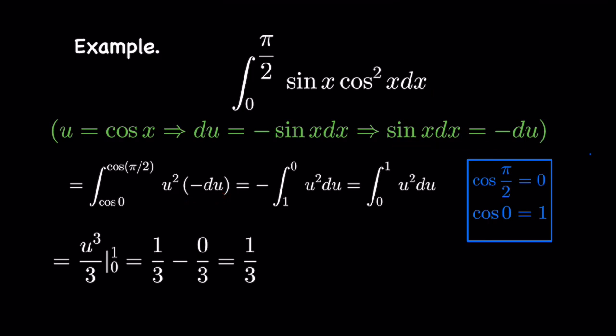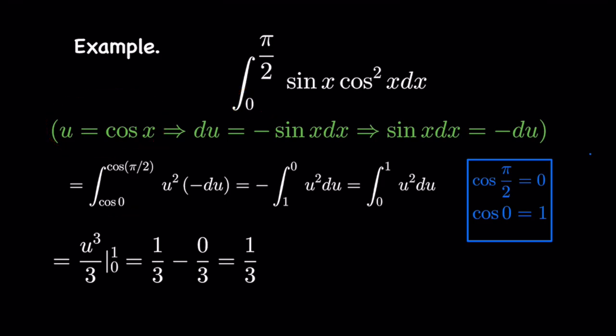Now, it's important to remember that we also need to update the lower and upper bound. This is the relationship between u and x. The lower bound for x is 0. If I substitute x by 0 in this formula, I'm going to get cosine of 0.